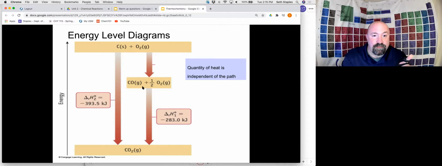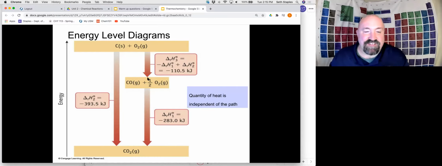Reverses it, right? And so to get this information, I'm going to do negative 393.5. I'm then going to do the opposite here, so positive 283. Negative 393.5 plus 283 gives me negative 110.5.